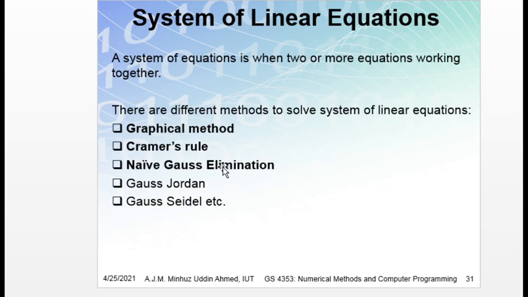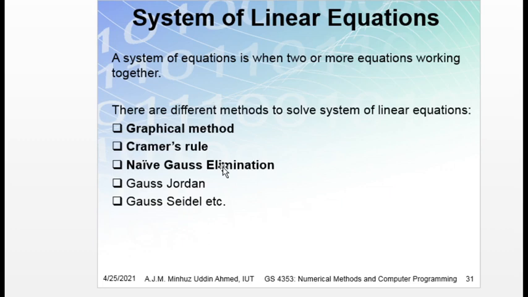That's why this is called naive Gauss elimination, in which you must maintain that all the first coefficient values of the variables in the upper triangular matrix must be not equal to 0. It must give you non-zero coefficient values for the equations. Only then the naive Gauss elimination will be valid. Unless it is 0, it will be valid. But if it becomes 0, it will become invalid.